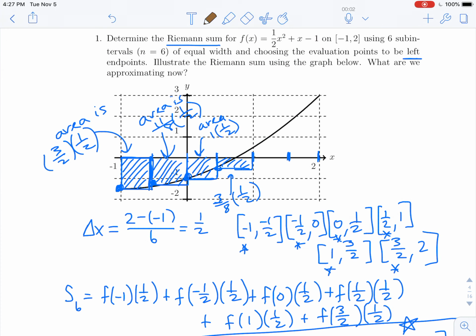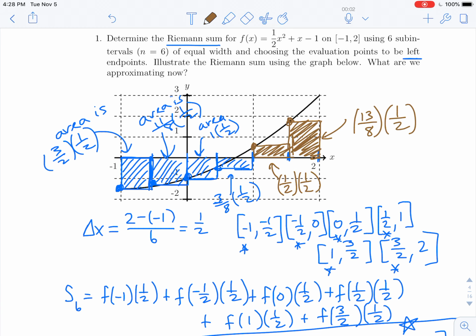And then those last two, let's make them brown. Left endpoint, go across, make your rectangle. Left endpoint, go across, make your rectangle. Those areas are 1/2 times 1/2, and then 13/8 times 1/2.